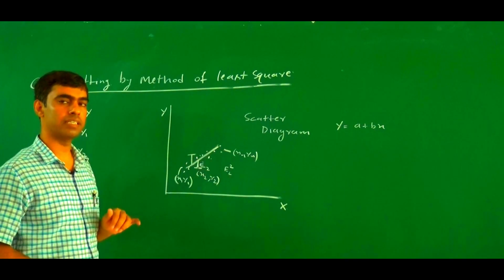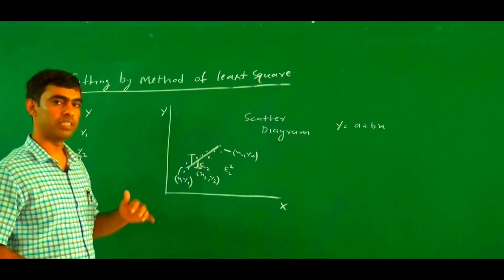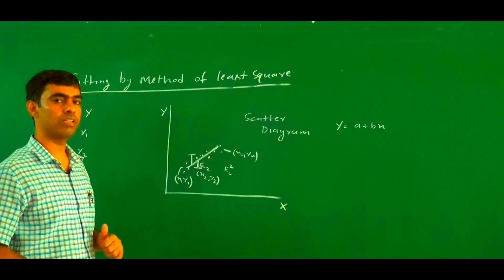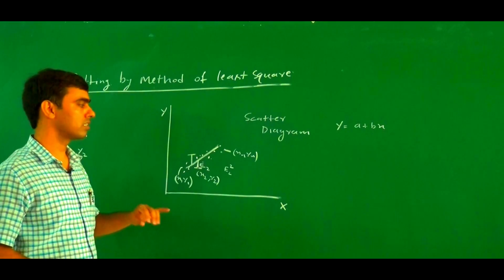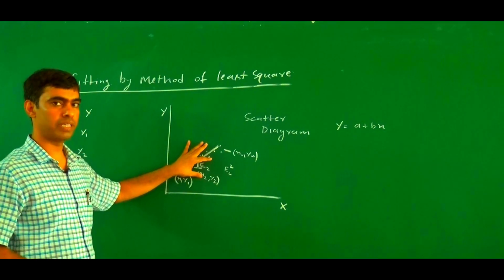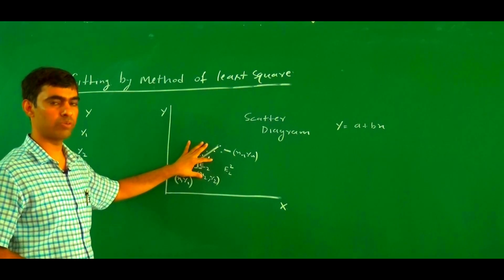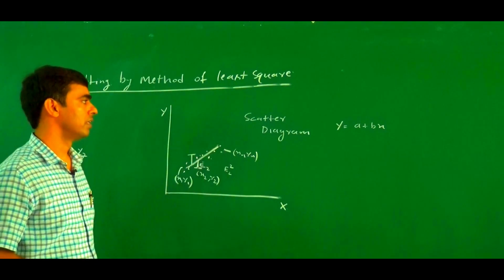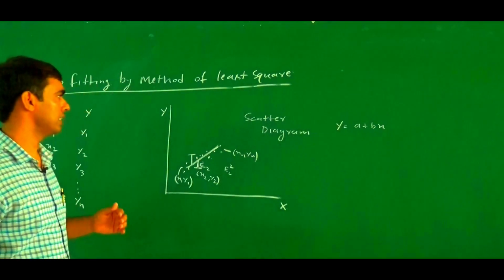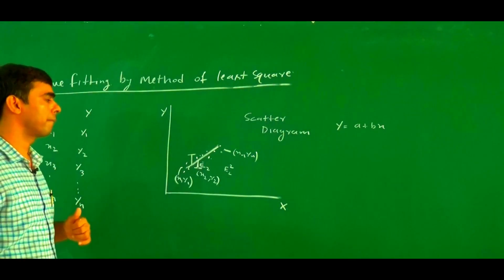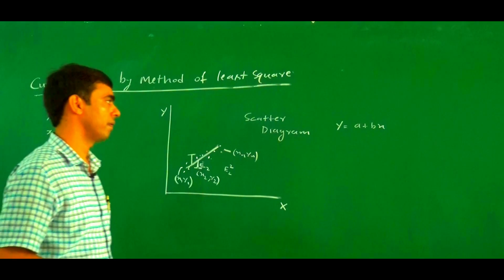For the nth data there is En squared. Then we find the sum of all the squares of the errors. Then we minimize the sum of squares of errors by the usual method of calculus of maxima and minima. This is the geometrical interpretation of curve fitting by the method of least squares.